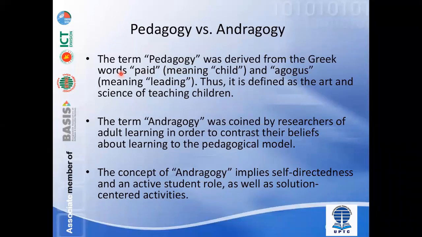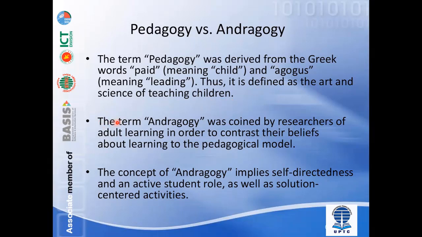First of all, we need to understand what they mean. The term pedagogy was derived from the Greek words paid, meaning child, and agogos, meaning leading. Thus, it is defined as the art and science of teaching children.